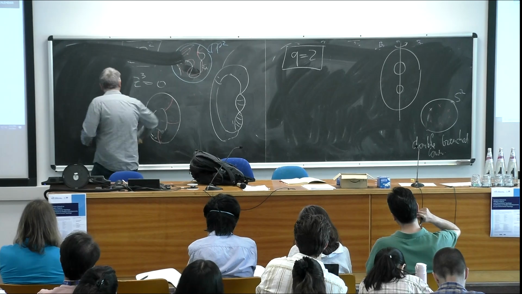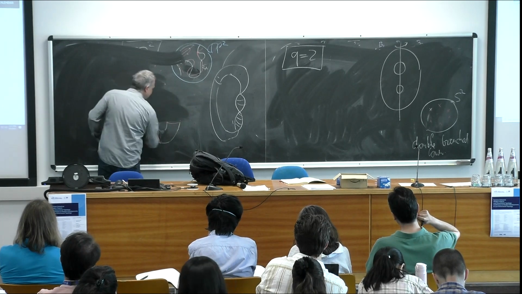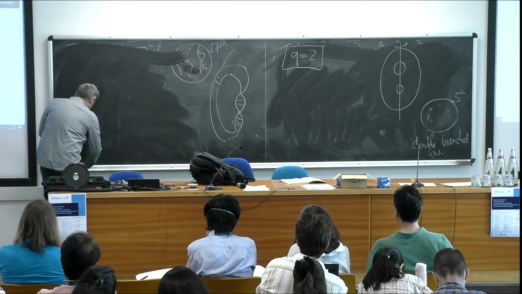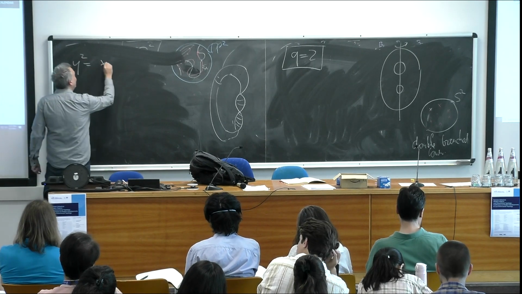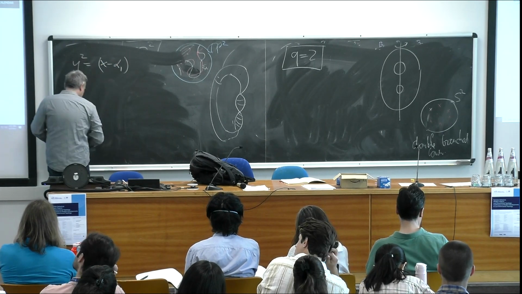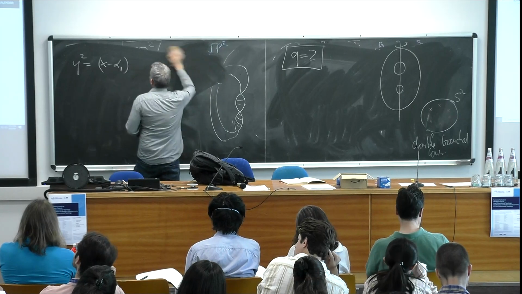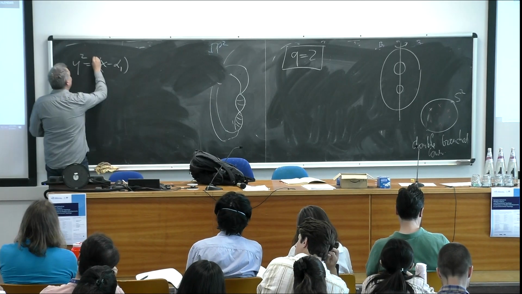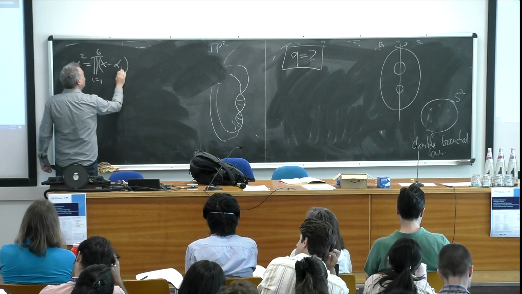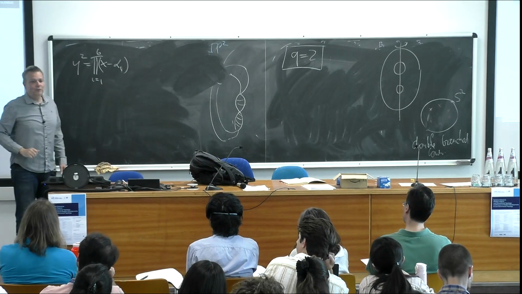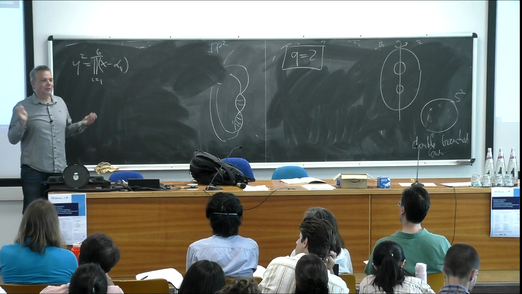Which in a very mundane way you can understand by taking y squared equal to the product from i equal to 1 to 6 of (x minus alpha i), where I deliberately choose different alpha i's for all 6. So I have 6 alphas.